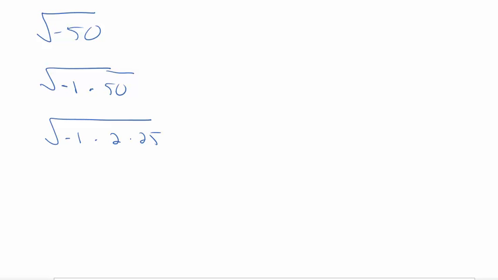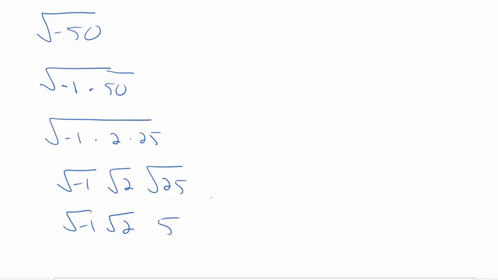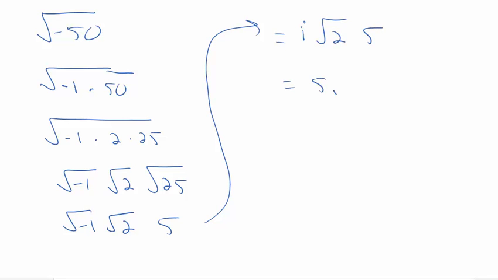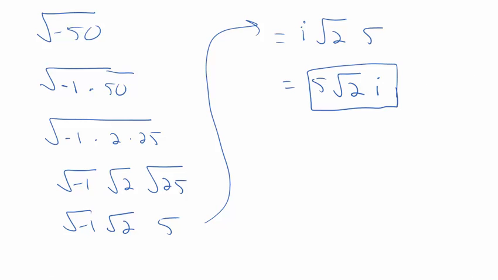We could also think about it as square root of -1 times square root of 2 times square root of 25. The square root of 25 is 5, because 5 times 5 equals 25. So we know that square root of -1 is i, square root of 2 is just square root of 2, and then we've got that 5. To make it look prettier, we'd say 5 square root 2 i. So that's the square root of -50.